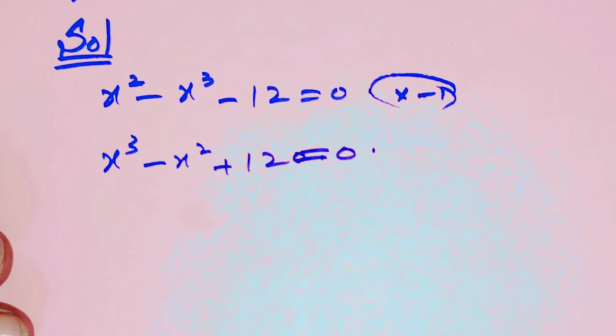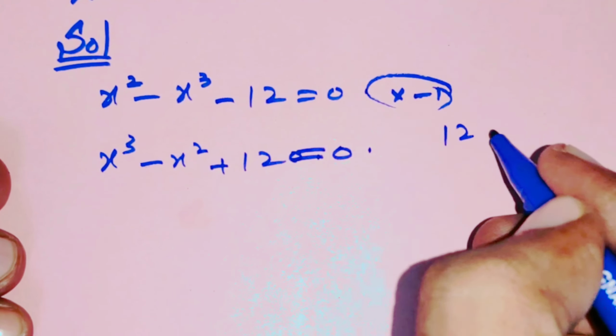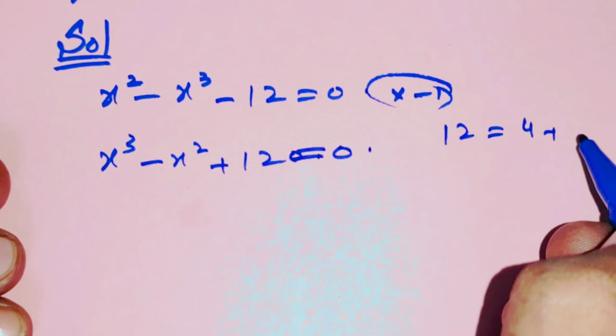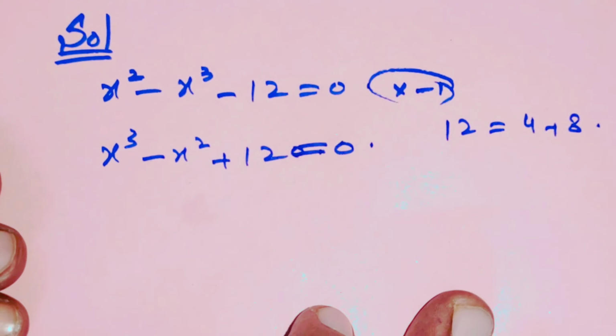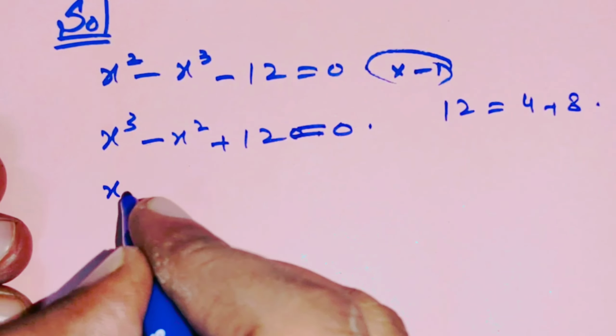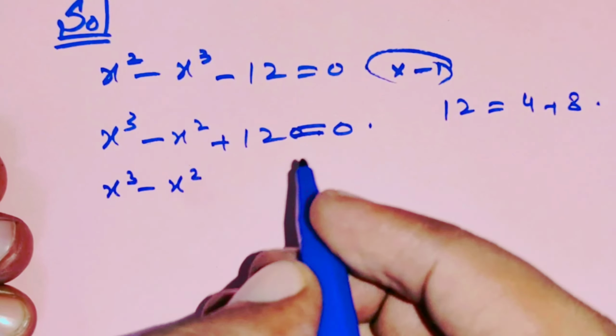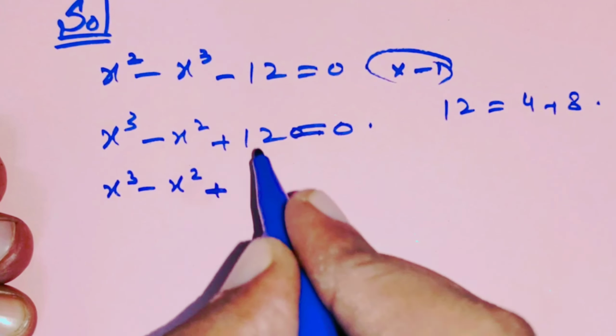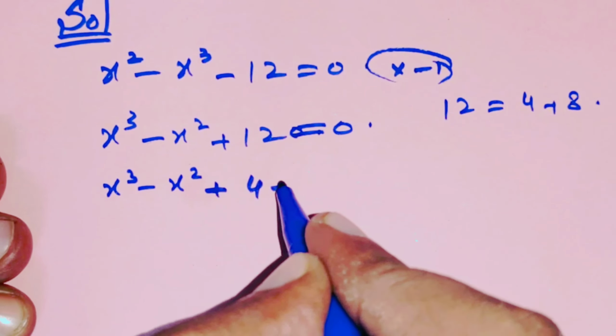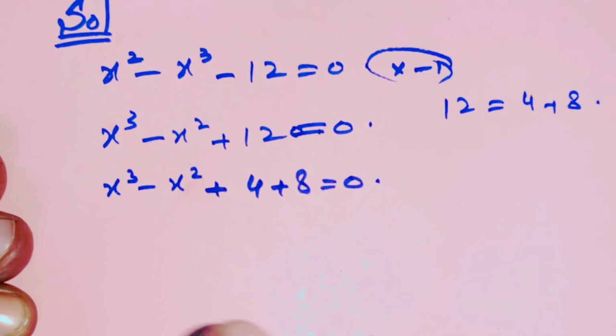Now break 12 into two terms. 12 will be equal to 4 plus 8. So x cube minus x squared same, plus 4 plus 8 equals 0.